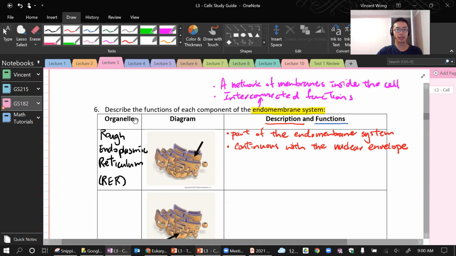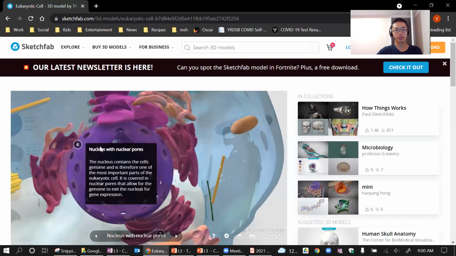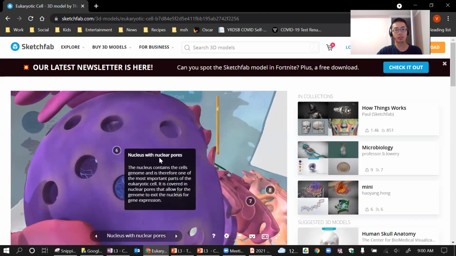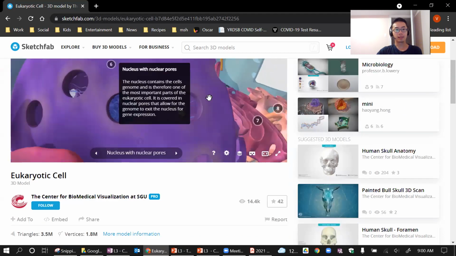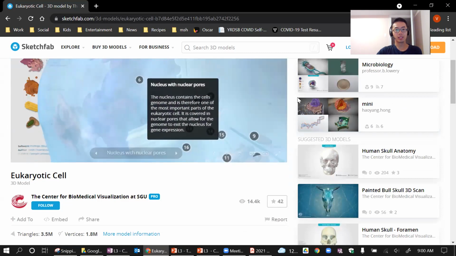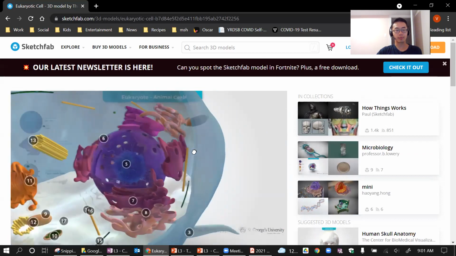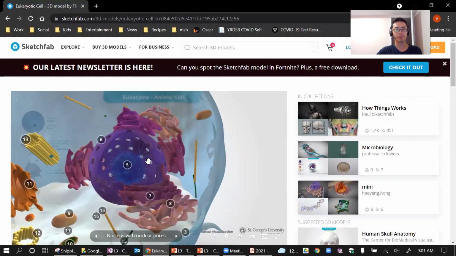In the 3D model here, this purple layer that has all the pores on it, that's the nuclear envelope, and it is fused together with the rough ER. If I click on it, it will show you the nucleus with the nuclear pores. Oops, sorry, this is not really working well, but here, it's the nuclear envelope, and again, it's continuous with the rough ER.